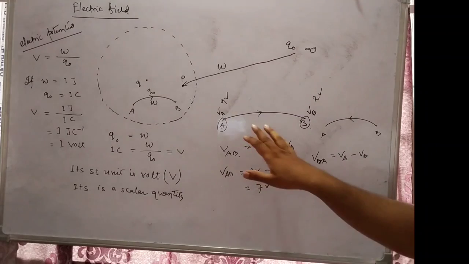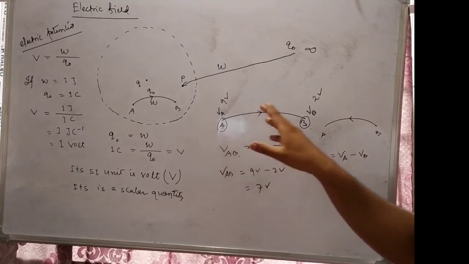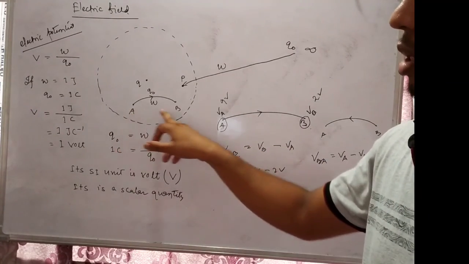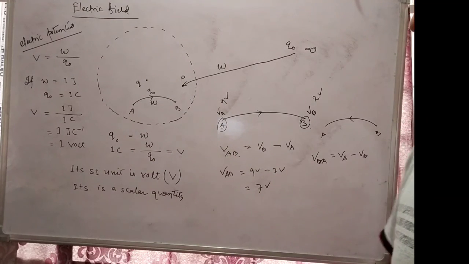For electric potential difference, we consider 2 points within the electric field only, and we move a unit charge from one point to another, and whatever work done is required is the electric potential difference.